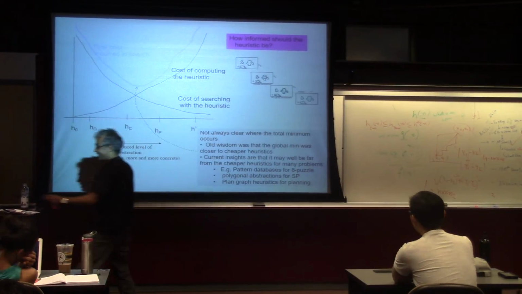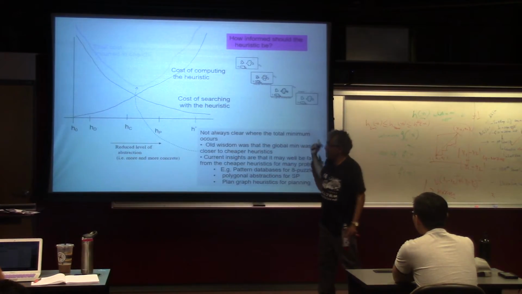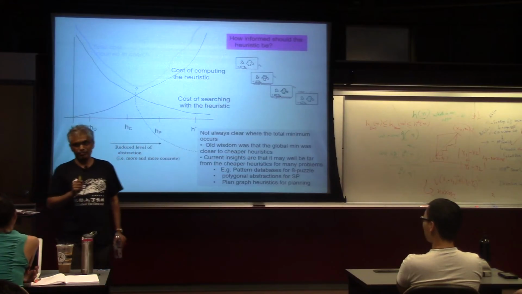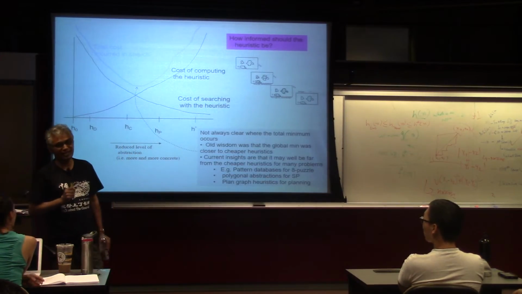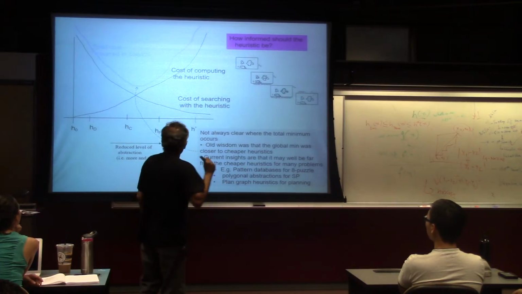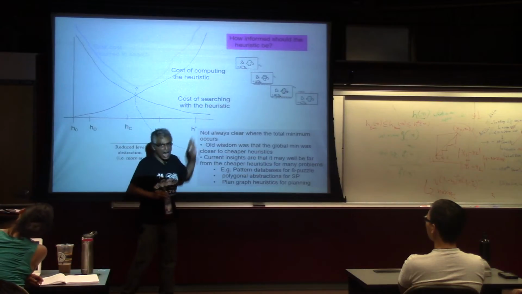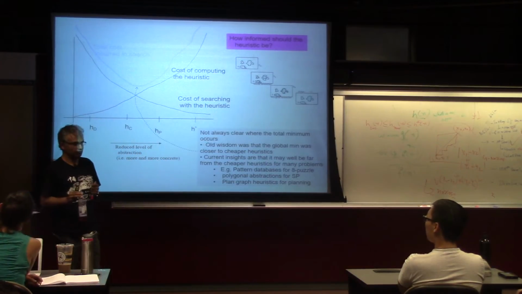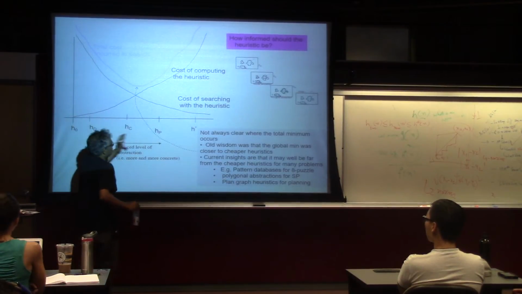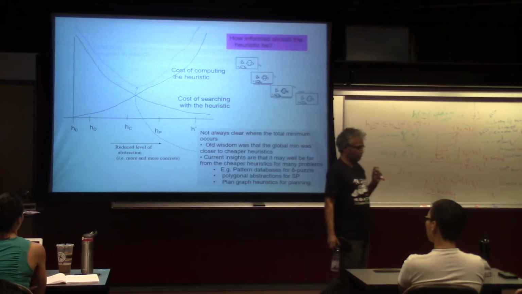Okay. So this picture is showing a very important truism that people don't realize about what is happening for A-star search. In this picture I'm talking about different heuristics, all of which are admissible, on the x-axis, and the total amount of time you spend computing those heuristics during the search.